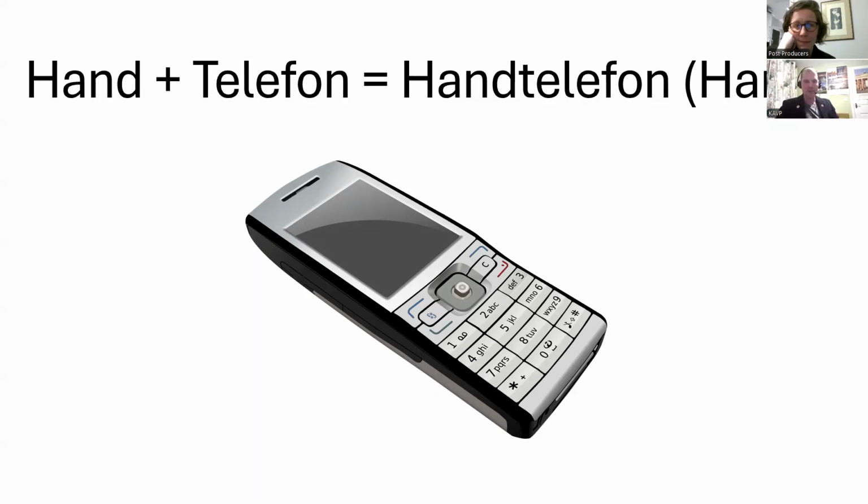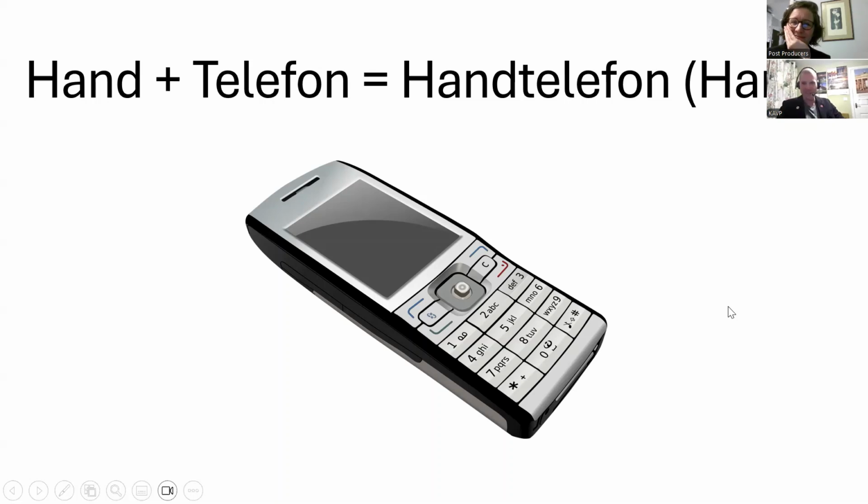And this is an example of an English loanword used in the German language and not being used in exactly the same way as in English. Because if a German person tells you they're using their handy, what they're talking about is a mobile. If you do the same thing in English, nobody will know what you're talking about.